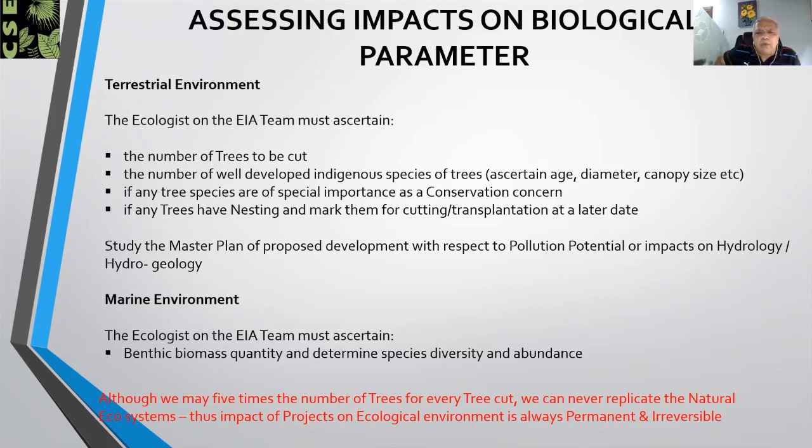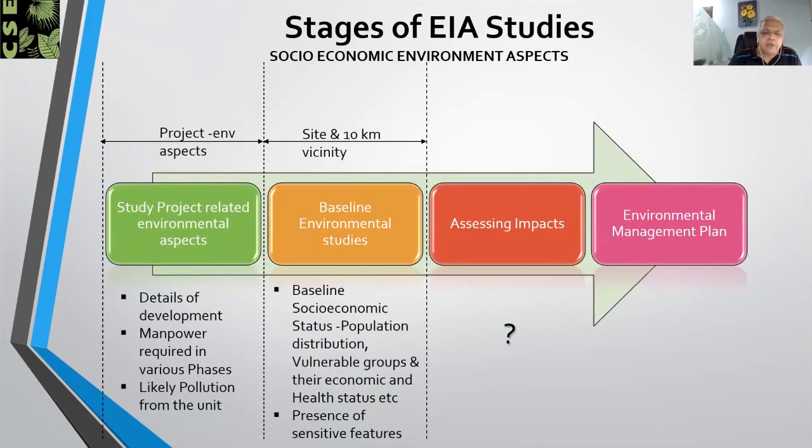However, we have to remember one thing, that again, as I mentioned in case of land environment, the biological environment is a very complex environment, and we can never replicate the natural ecosystem fully. We can only plant those many number of trees and hope that over time these new areas which are coming under vegetation will also develop into natural ecosystems similar to what were existing previously.